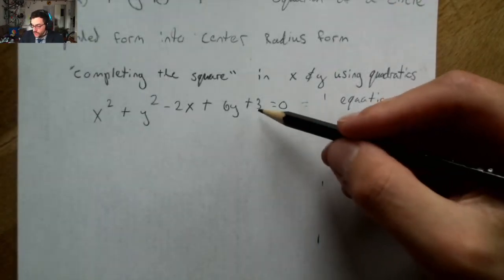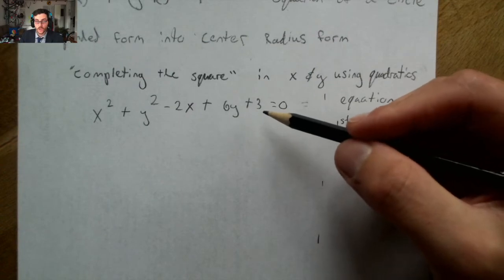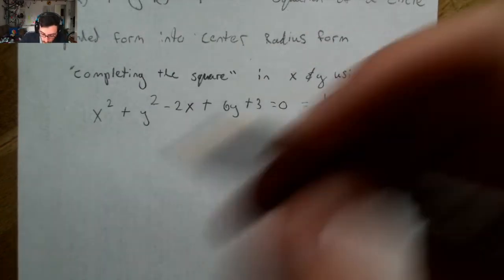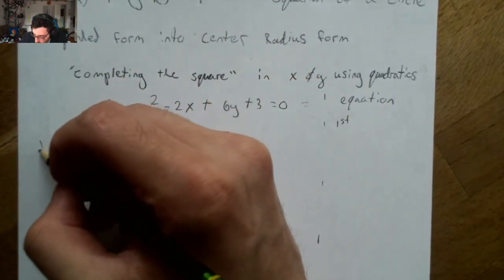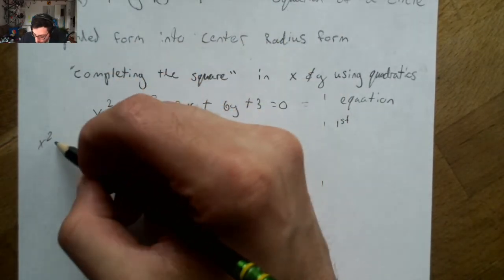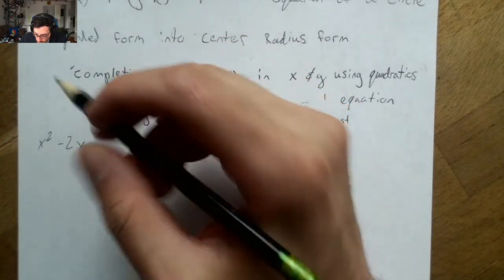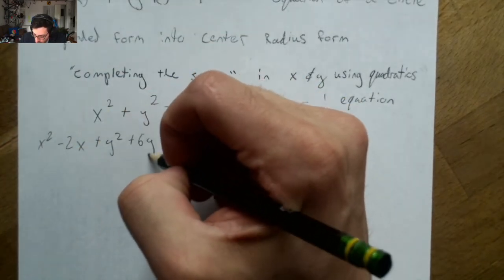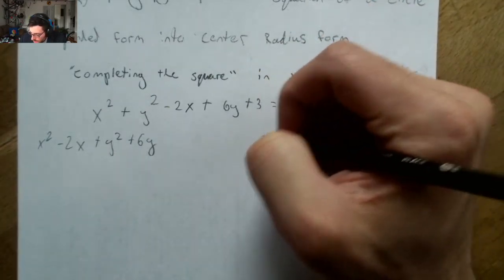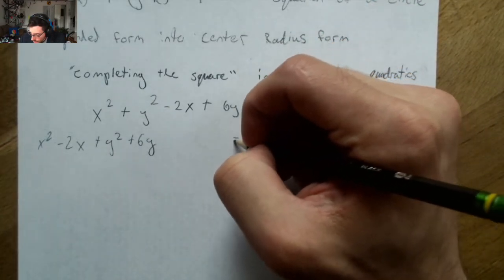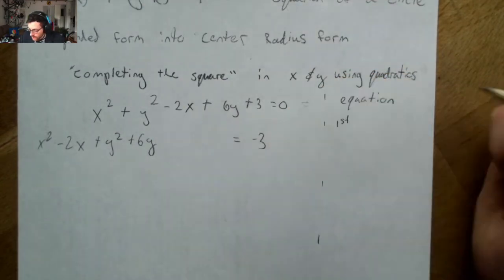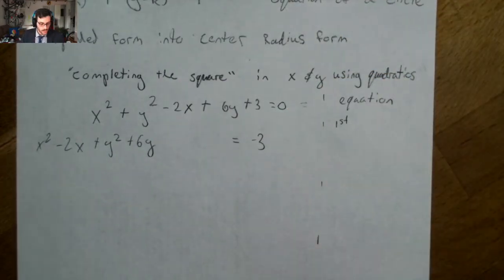And you're also going to take that open general number and move it to the right side of the equation. So we'll have something that looks a little bit like this: x squared minus 2x plus y squared plus 6y. And I'm going to put my equal sign a bit off to the right side, just so you'll pick up on it in just a second.